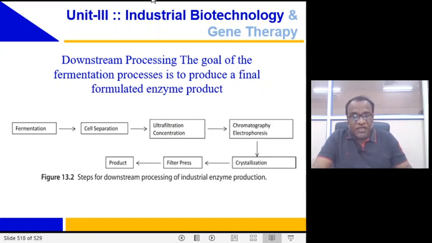right? So that is why, if there is a strong interaction, you should be very careful in optimizing the individual unit operations. And then the use of anti-foaming agents in the fermentation process is another example.